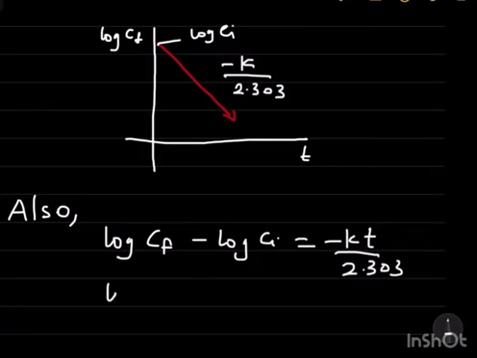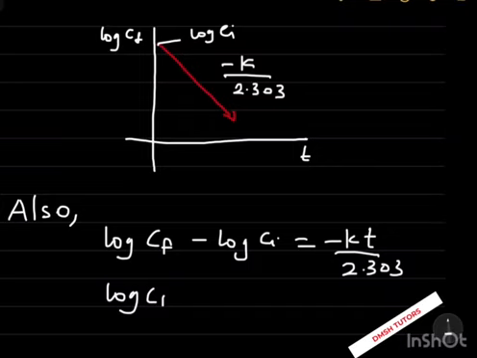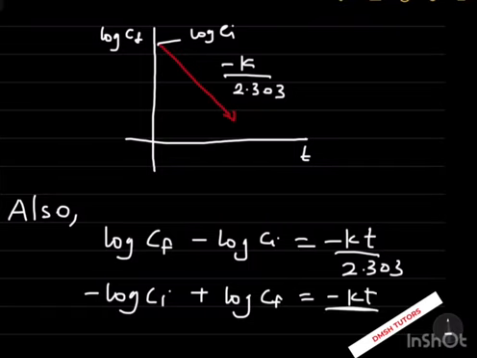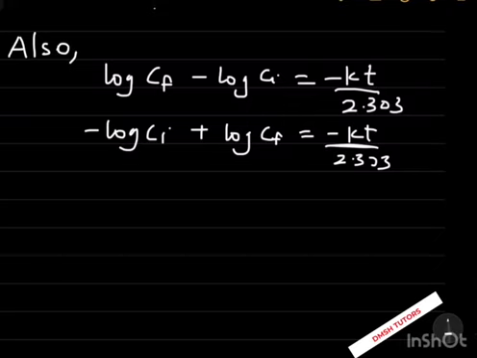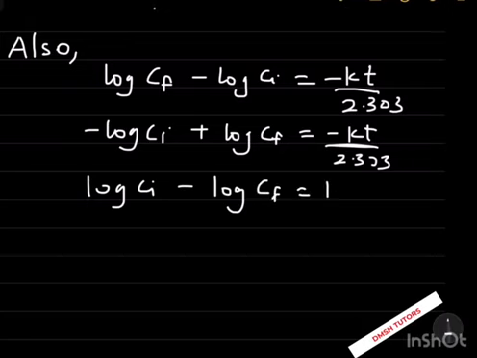Let me multiply through by negative. By doing that, we have log C initial minus log C final equals kt over 2.303.